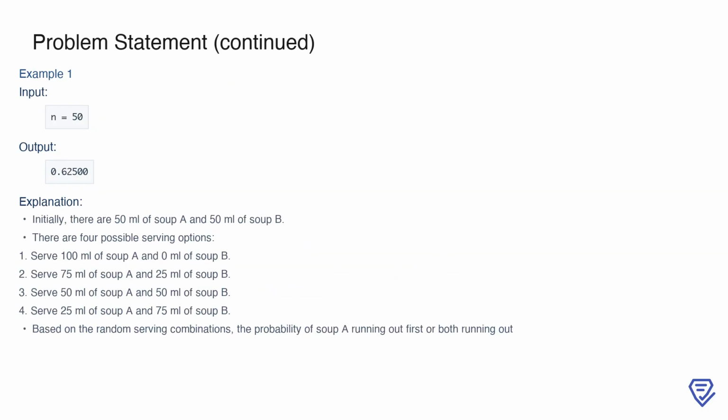Let's look at an example to better understand the problem. Suppose n is 50. This means we start with 50 milliliters of soup A and 50 milliliters of soup B. There are four possible serving operations.